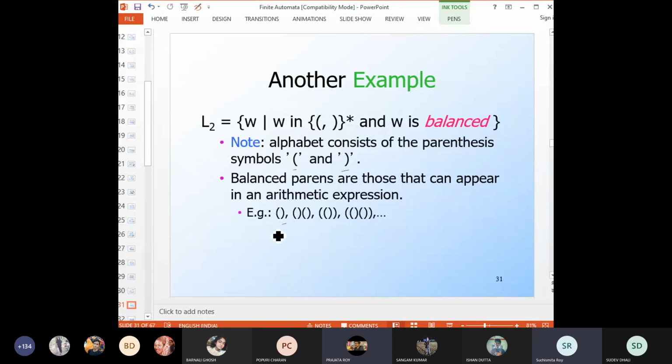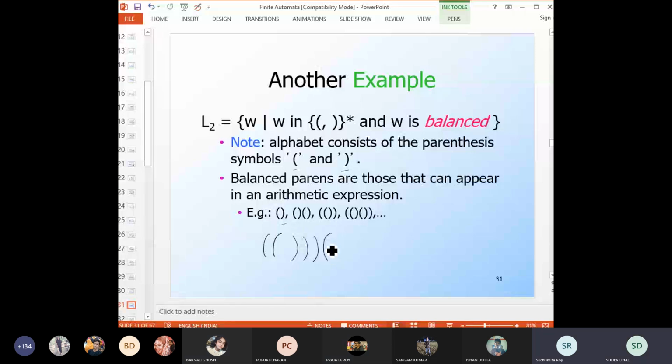I beg your pardon? Ma'am, will it be an irregular one, because we have to compare the number of open and closed brackets? So actually, you have to keep a count. Suppose you have an expression, say, is this a balanced parenthesis? Obviously not.